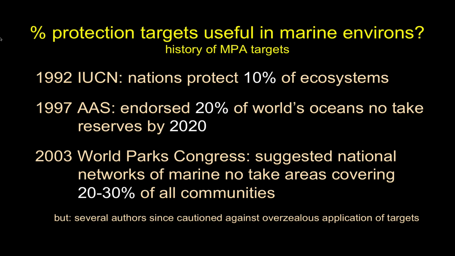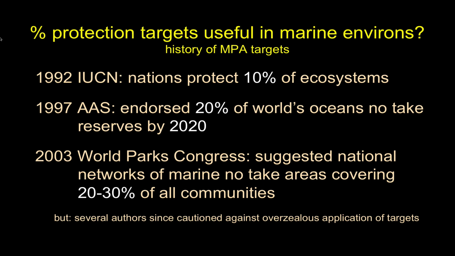The American Academy of Sciences did a significant study in 1997, and their main conclusion was that we should have, this is talking about marine protected areas now, 20% of the world's ocean in a no-take reserve by 2020.